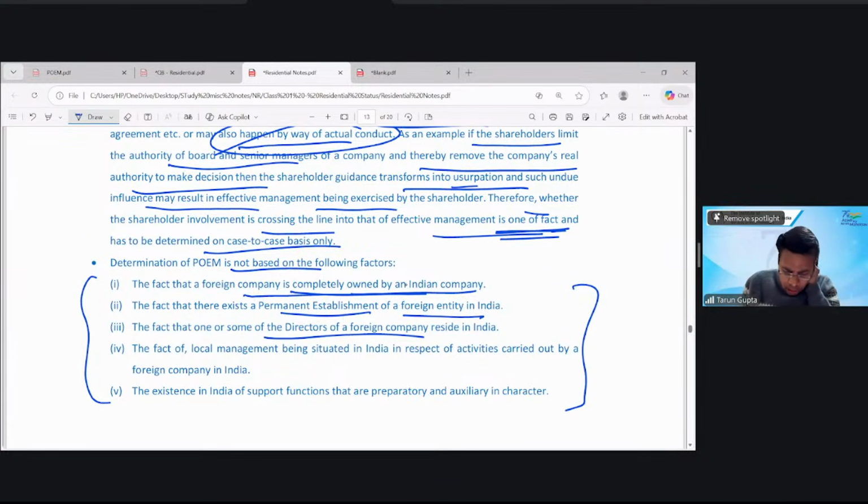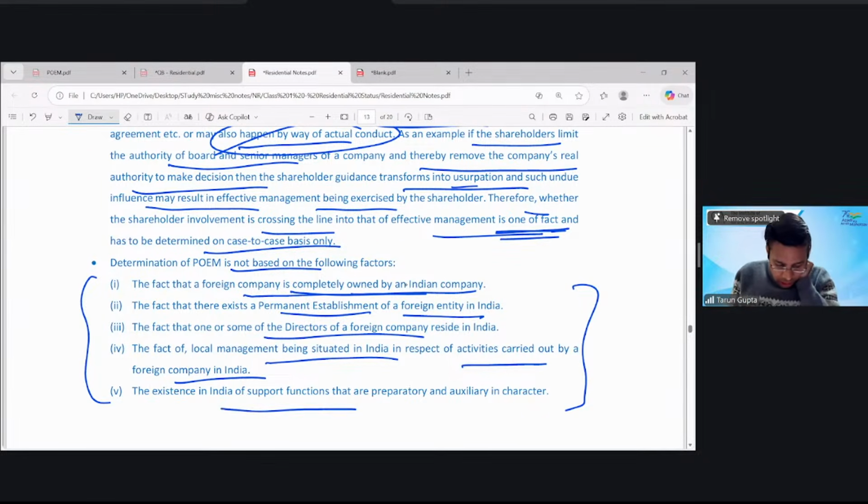The fact that one or some of the directors of the foreign company reside in India is not relevant. Where they take the decisions is relevant. The fact of local management being situated in India in respect of activity carried out by the foreign company in India is not at all relevant. These are places where the decisions are implemented. I have to see the place where the decisions are taken.